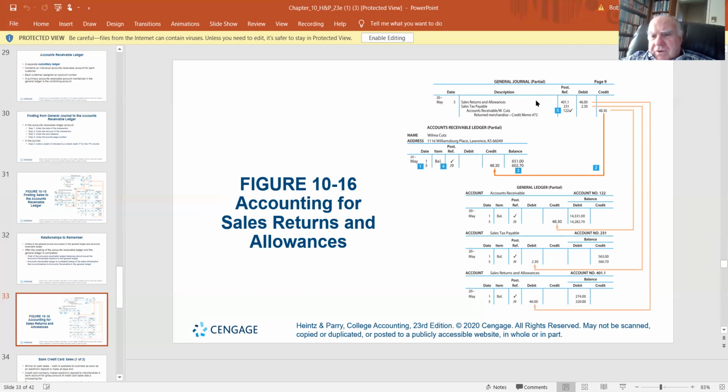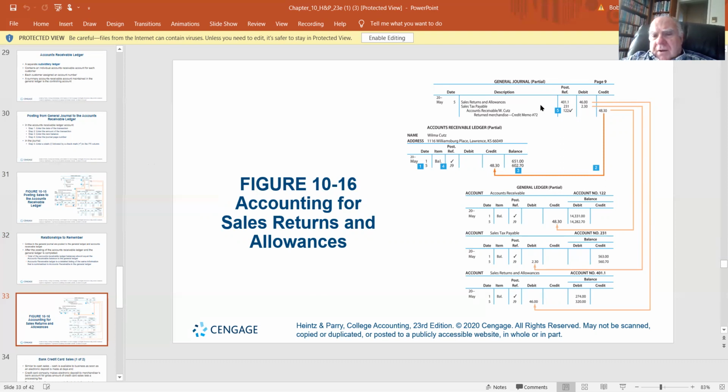She purchased $46 worth of merchandise from us, and it had a sales tax of $2.30. And if you look at the AR subsidiary, here is her $48.30. It's part of the $651 balance that she owes.